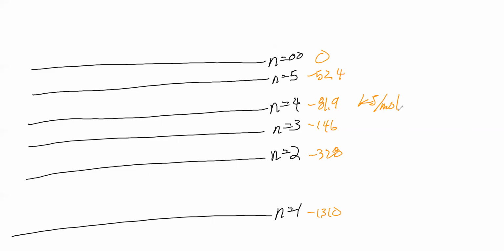So if I was going to transition from 0 or from infinity to n equals 5, my transition should be a change of the emission of a photon that has 52.4 kilojoules per mole.